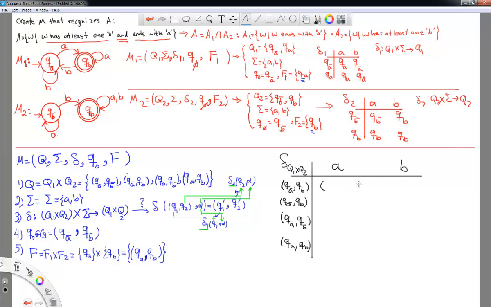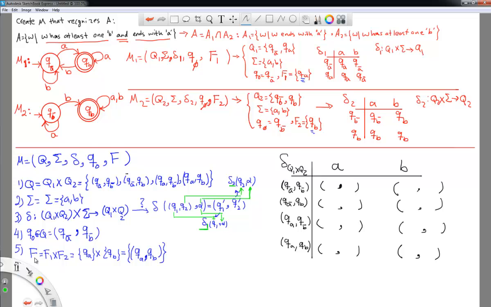Now for each of these, I'm going to generate pairs. Okay, so then we're going to work these.